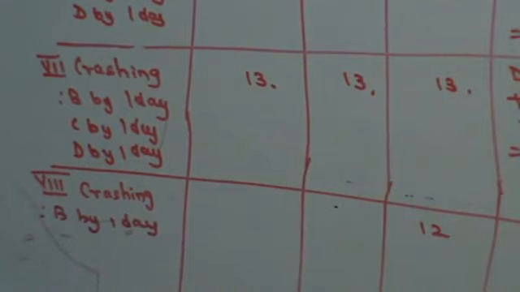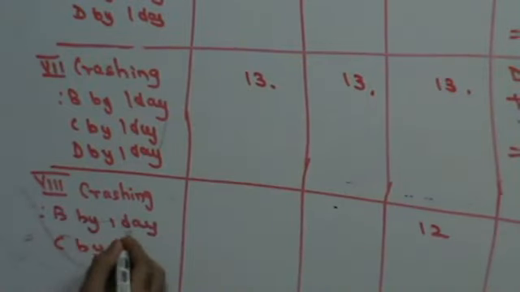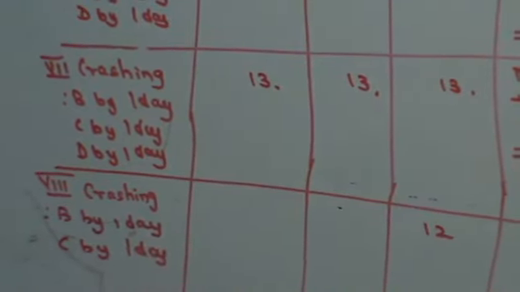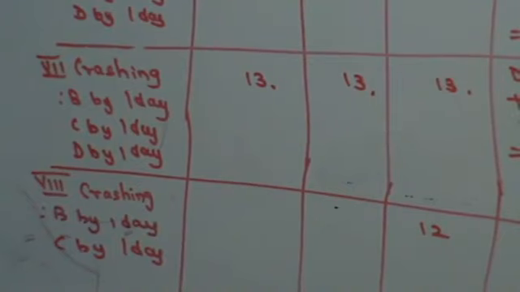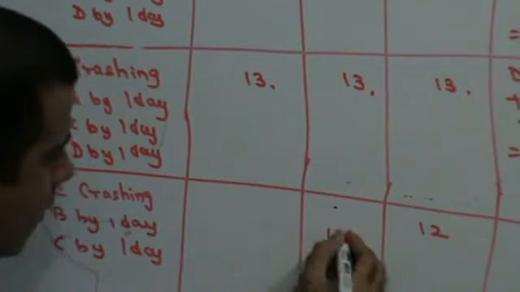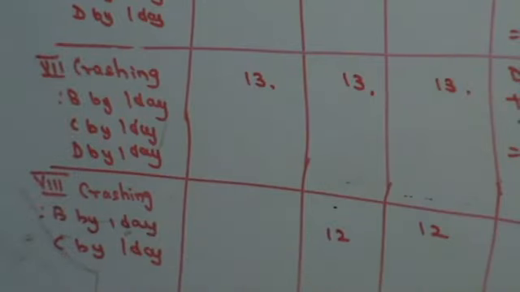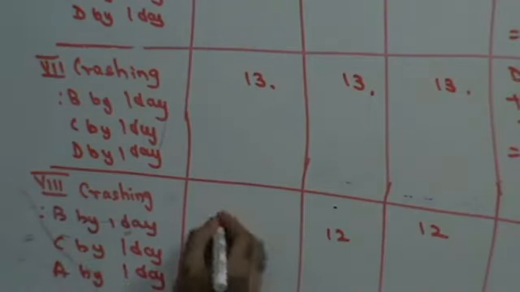C by 1 day. C can be crashed by 5 days. I've already done 1, 2, 3, and this is my fourth. D can be crashed by 2 days, and I have finished D crashing by 2 days. So A can be crashed by 3 days. A by 1 day. So this becomes 12.